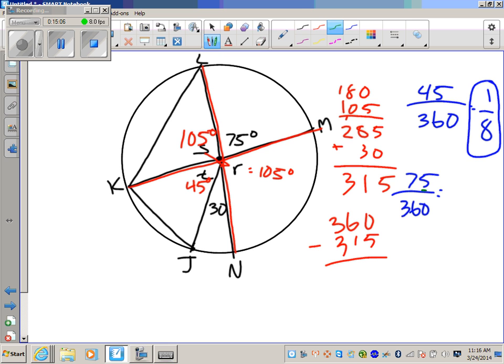This ends in a 5, this ends in a 0, which means I know I could divide them both by what? 5. 75 divided by 5, is that 15? And 360 divided by 5. It's what? 72. Okay. Am I done? It looks like it's done, but is it done? Because they're both divisible by what?